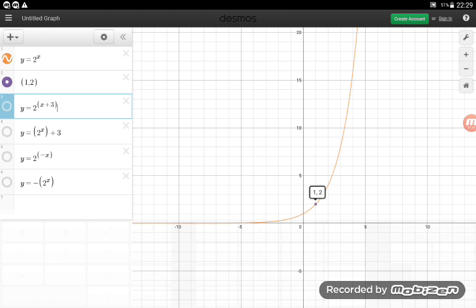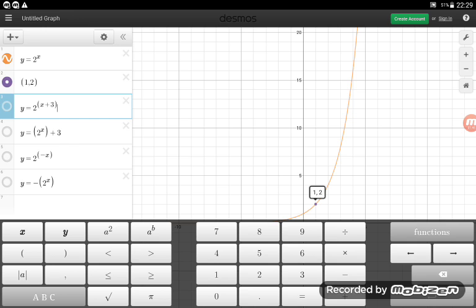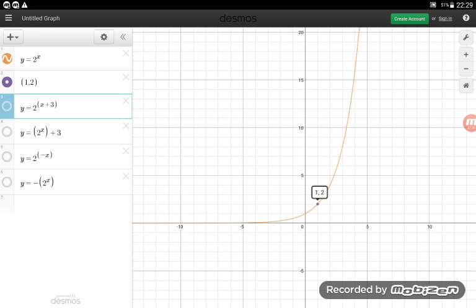Here I have y equals 2 to the power of x plus 3. So in this equation, what we have done was we added a 3 to the x, then we have translation. Look at your notes, the translation part.